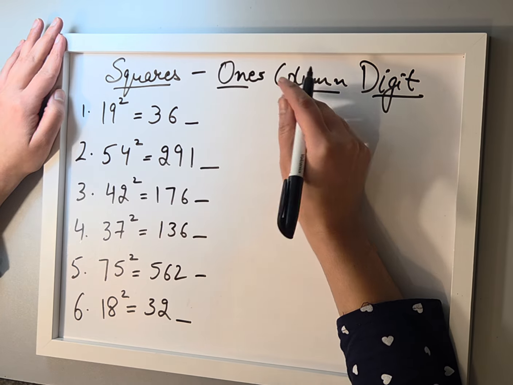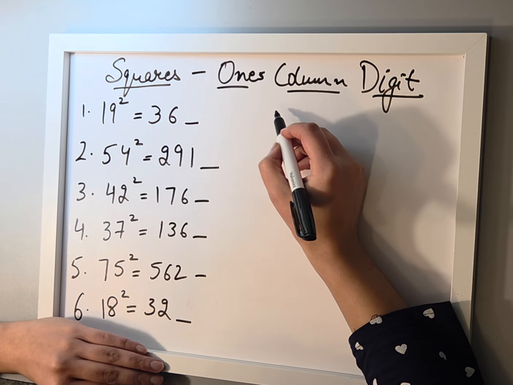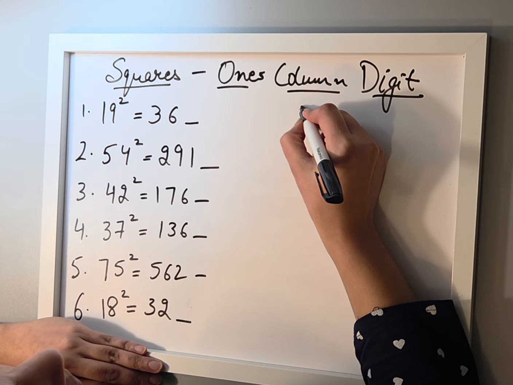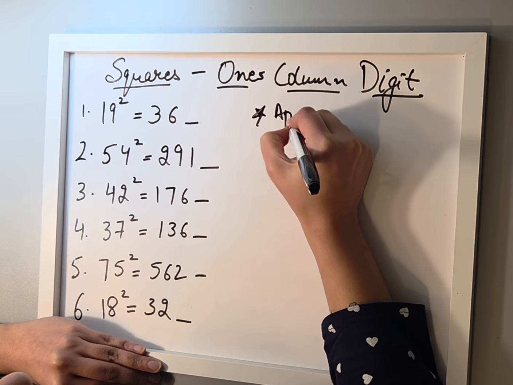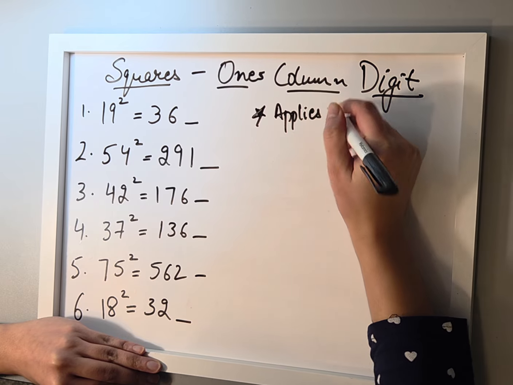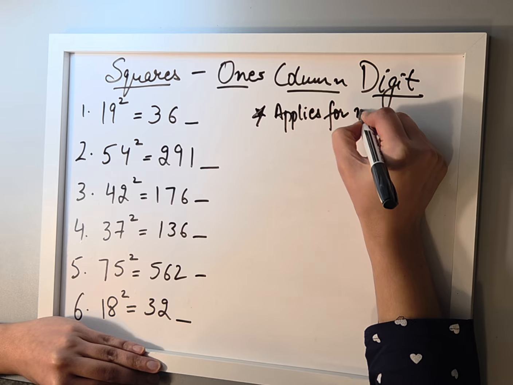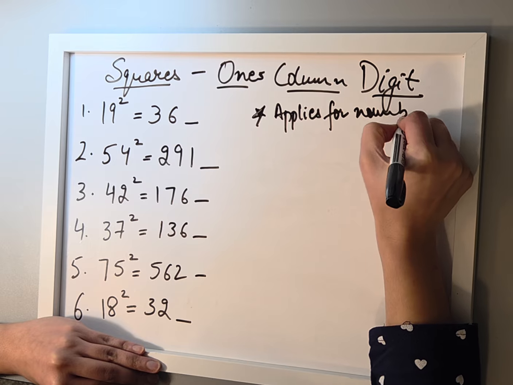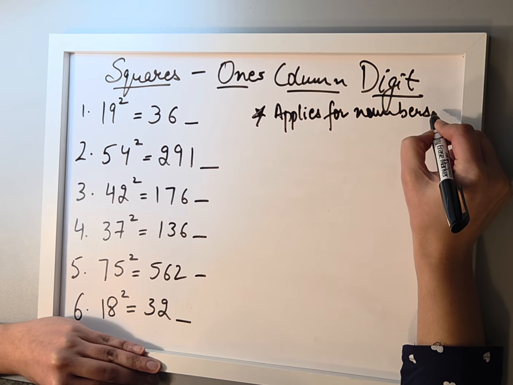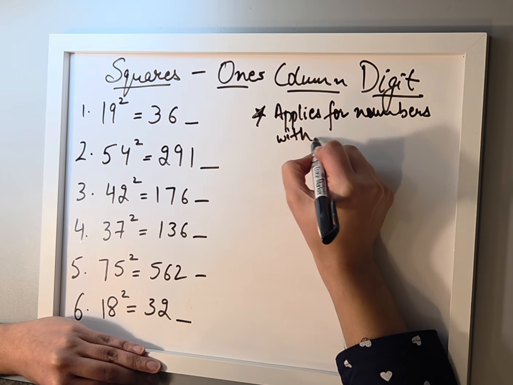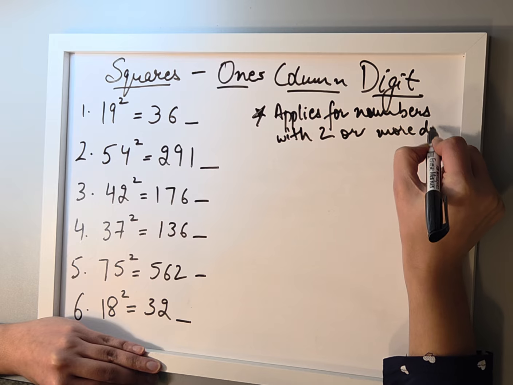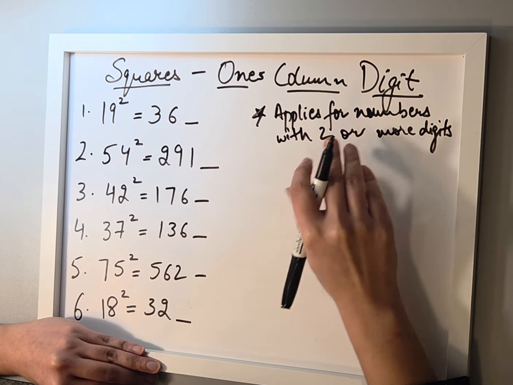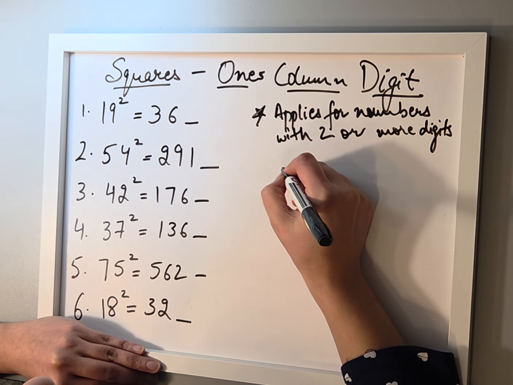But the trick is that this rule applies for numbers with two or more digits. So what is the rule?